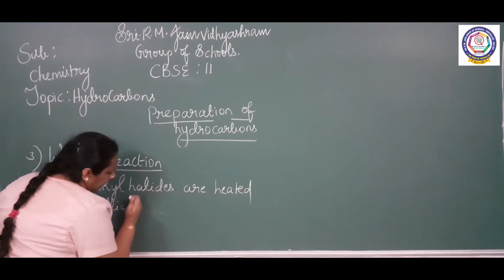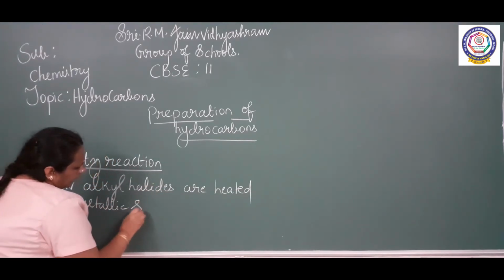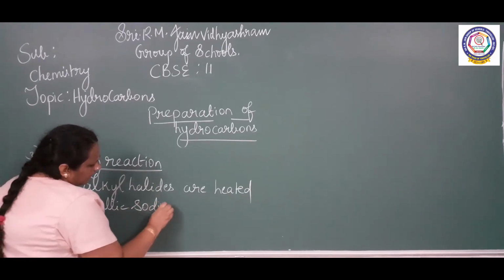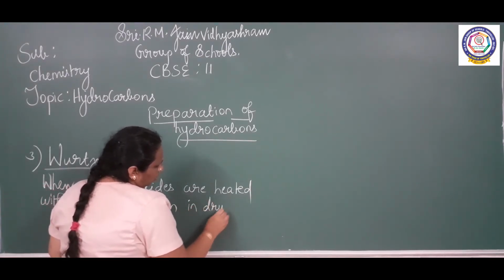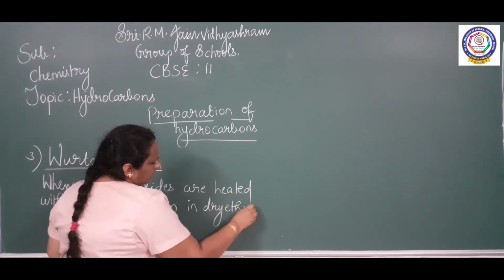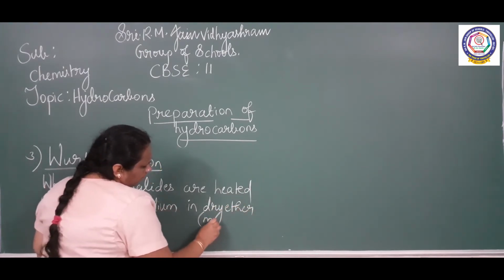When alkyl halides are heated with metallic sodium in dry ether. What is dry ether? Moisture has to be removed. What do you mean by dry ether? Moisture has to be removed.